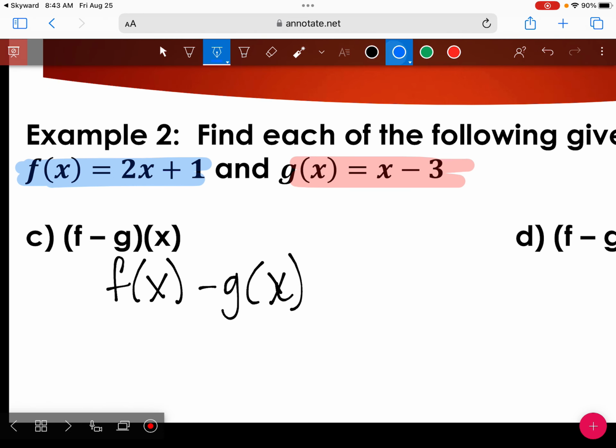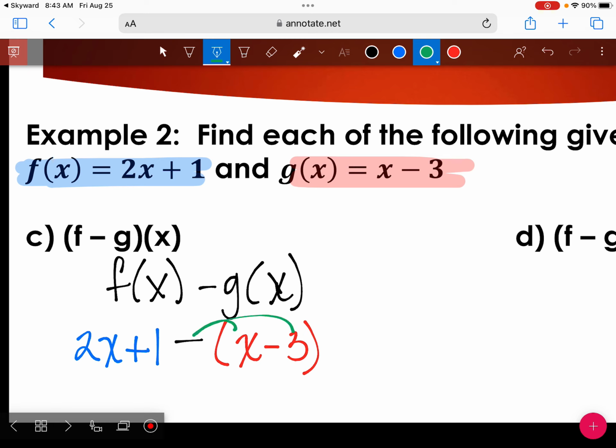So that would be 2x plus 1 minus. Now, whenever you do subtraction though, I recommend that you put it in parentheses. And you're going to distribute the negative and then combine your like terms. So you have 2x plus 1 minus x plus 3.